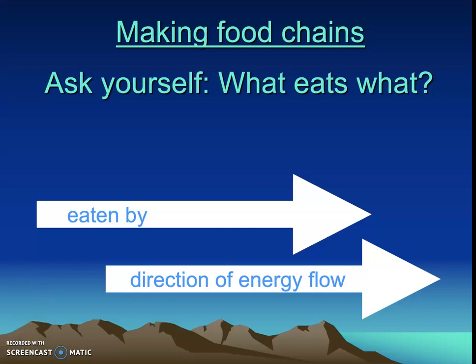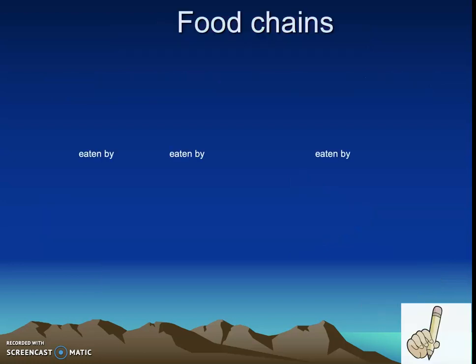Now, you might be sitting there thinking, I haven't written anything down today, and you are correct, you haven't yet, apart from the title. But, as you can see in the bottom right-hand corner, there is a pencil present. So, this is now where you need to write something down on your piece of paper. But I'll explain what you need to write down nice and easily. First things first, we obviously need to have a definition written down for food chains.